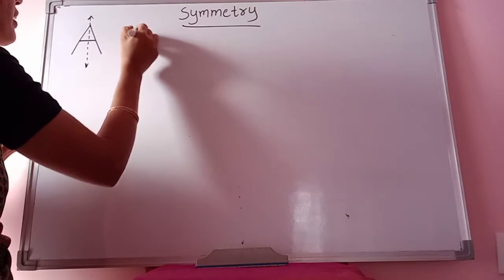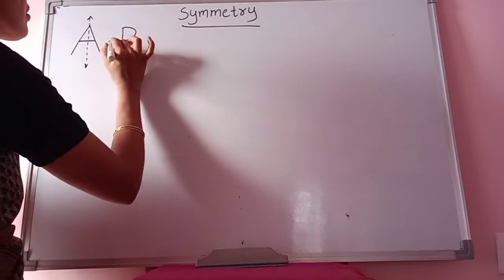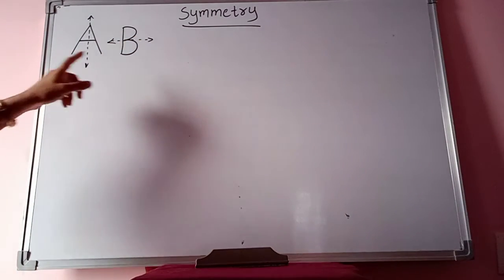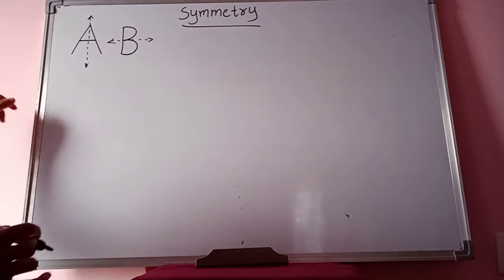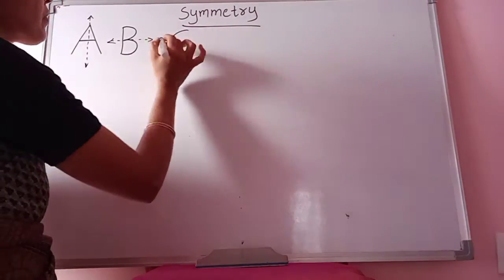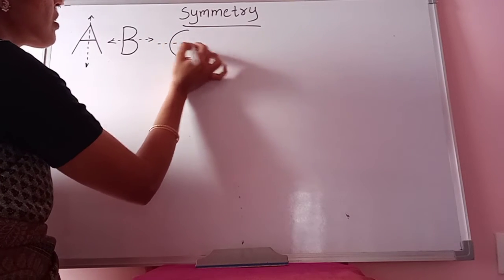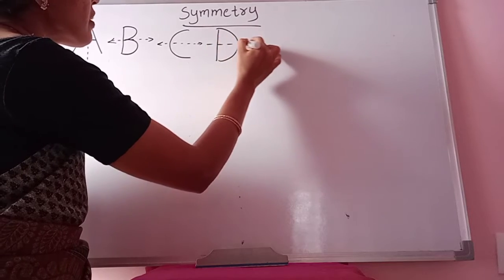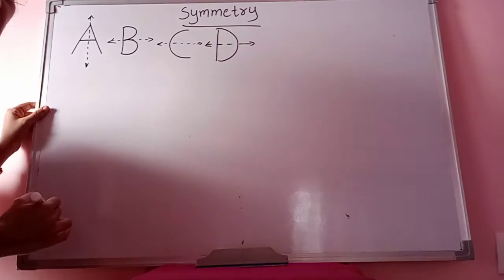In the case of capital letter B, it also has symmetry. It has a horizontal line of symmetry. Now letter C also has symmetry. It also has a horizontal line of symmetry. Even letter D has a horizontal line of symmetry.